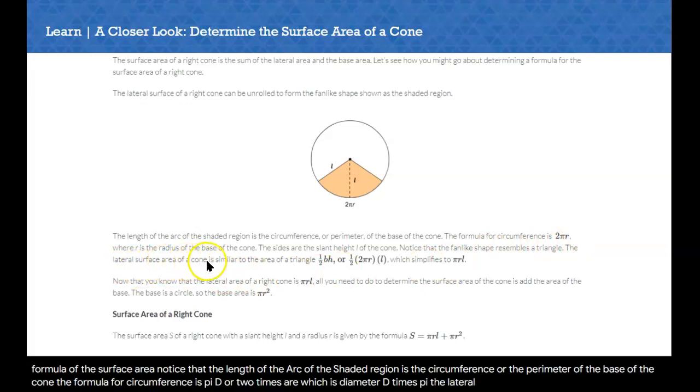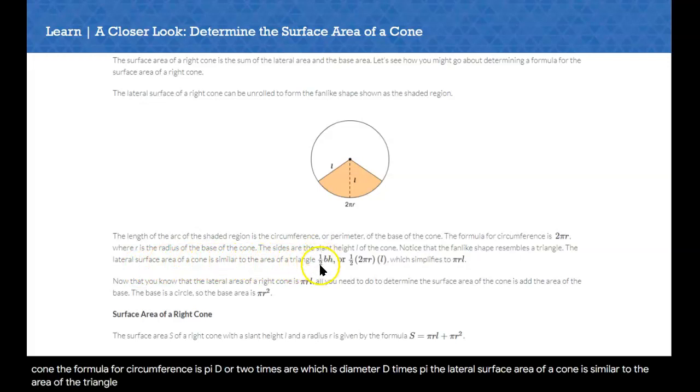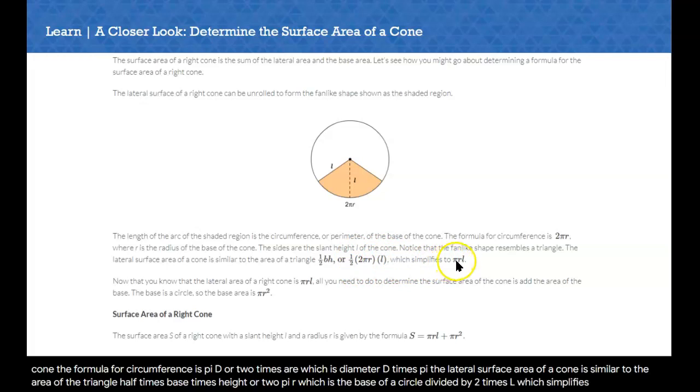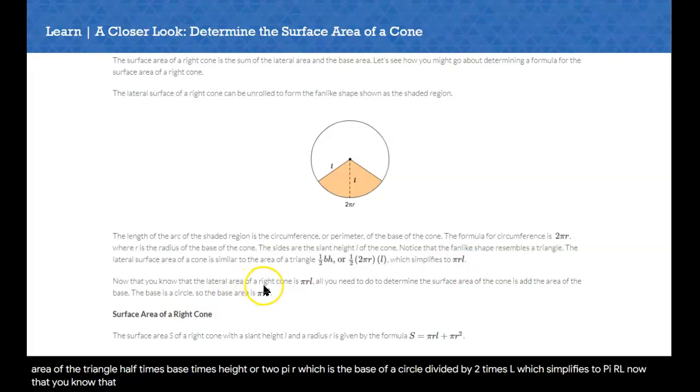The lateral surface area of a cone is similar to the area of a triangle, half times base times height, or 2 pi r, which is the base, divided by 2, times L, which simplifies to pi r L. Now that you know that the lateral area of a right cone is pi r L, all you need to do is determine the surface area of the cone.